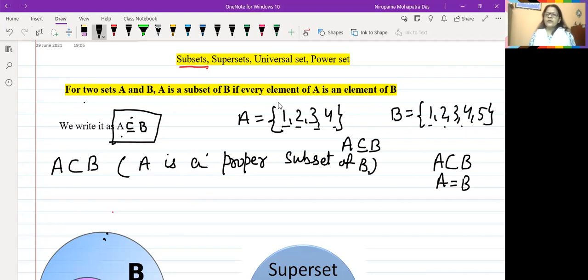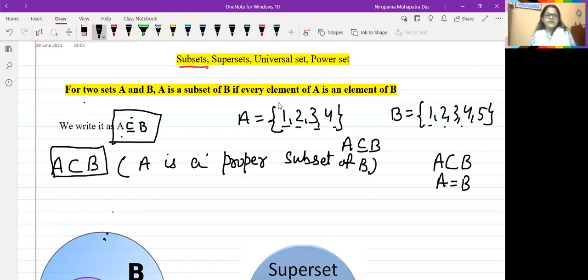It is just like two numbers, A less than B or A less than or equal to B, A greater than B or A greater than or equal to B. Whenever we say subset, A may be equal to B also. Is it clear? Whenever we say proper subset, it is a strict subset. Here A cannot be equal to B.